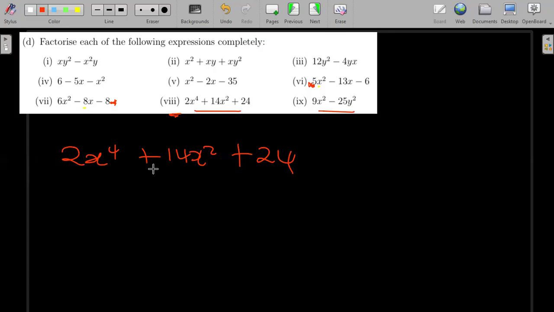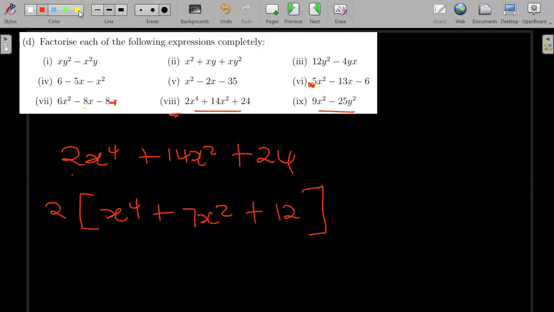The first thing to do here, let's take out the 2, because I see a 2 is common between all these numbers. So I say 2, and then in the brackets I have x to the power 4 plus 7x squared, because I'm taking out the 2, remember? And then here, when I take out the 2, I remain with 12.